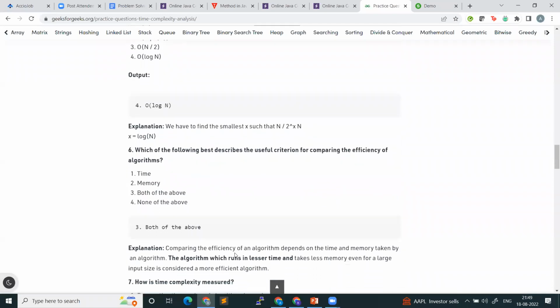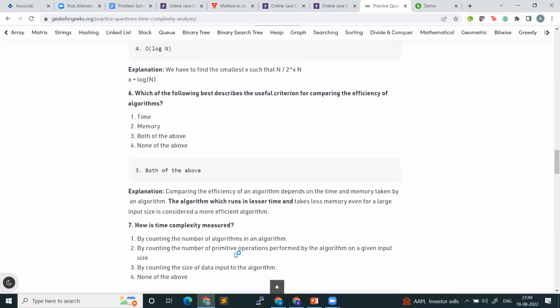Great. Okay. Now, how is time complexity measured? How are we measuring time complexity? देखो तो भाई. By counting the number of algorithms in algorithms? Definitely no. By counting the number of primitive operations performed by an algorithm? Yes. What were we doing? We were counting how many primitive operations or how many operations are basically performed for a given value of n.